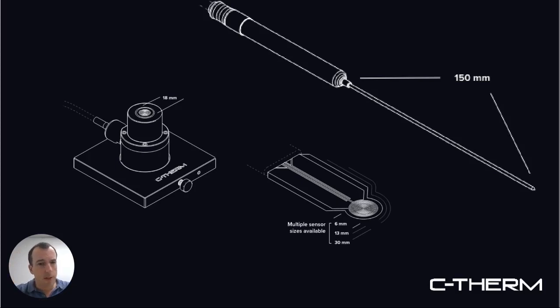The middle sensor illustrated is the TPS, and this is available in different size formats. There's a 6, 13, and 30 millimeter diameter sensor available in those different sizes. And there's also different temperature ratings to those sensors that are available, up to 500 degrees Celsius. But that would typically sandwich in between two samples.